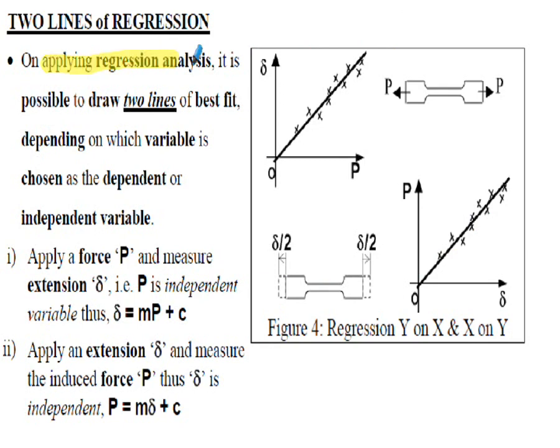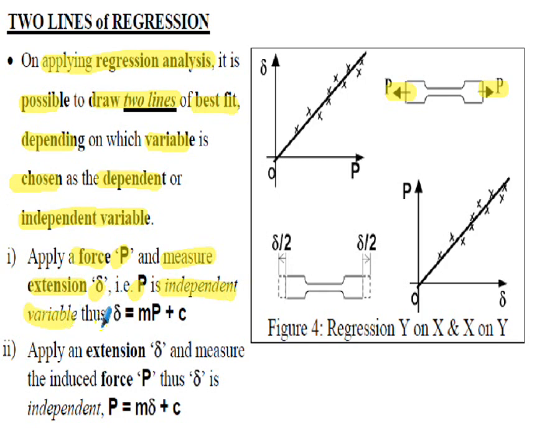On applying regression analysis, it's possible to draw two lines of best fit, depending on which variable is chosen as the dependent or the independent variable. For example, if we apply a force P to a component, P shown here applied to the tension specimen, and we measure the extension, called delta, then P is the independent variable and delta is a dependent variable.